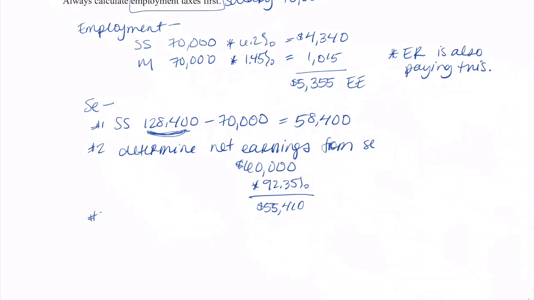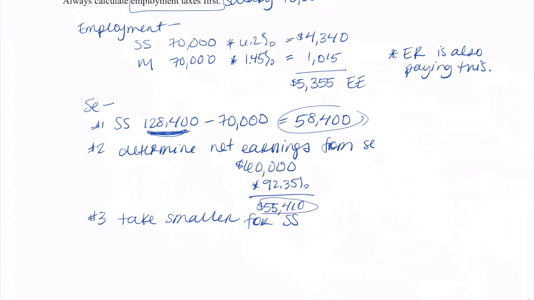Step three is we take the smaller for Social Security. We're taking the smaller of $58,400, which is the amount left before we get to the threshold, or our net earnings from self-employment, and that's what we subject to the Social Security tax. In this case, we're going to use the $55,410.